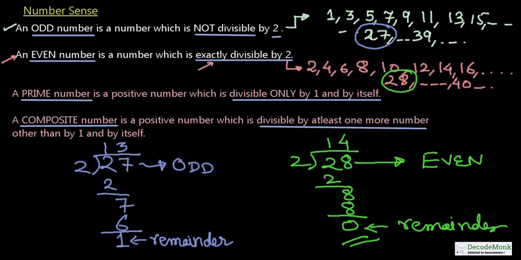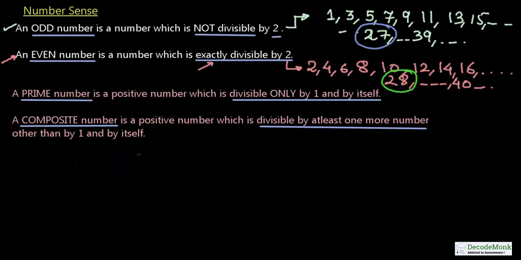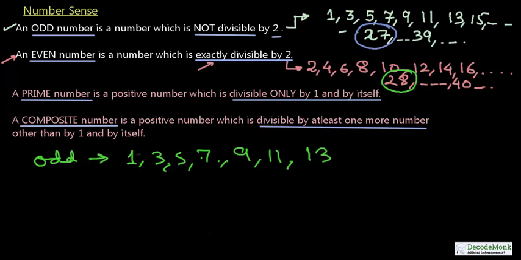Now how will you understand whether any given number is an odd number or even number? Let us try to figure that out. As you see over here, for odd numbers we have a series like this: 1, 3, 5, 7, 9, 11, 13, 15 and so on, 27, 39.